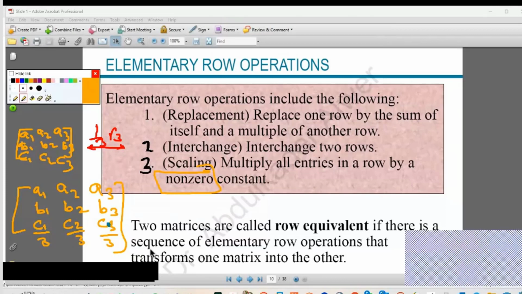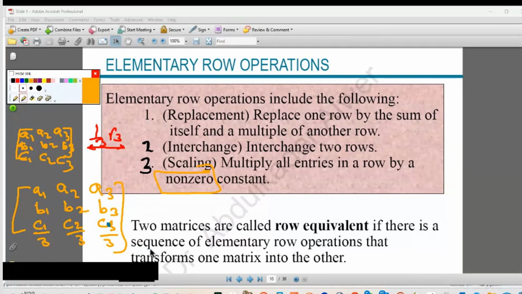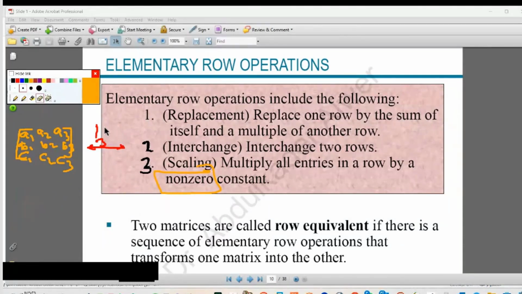Third one is clear, I guess. Let me repeat. I will multiply the third row, R3, by a non-zero constant, for example half.